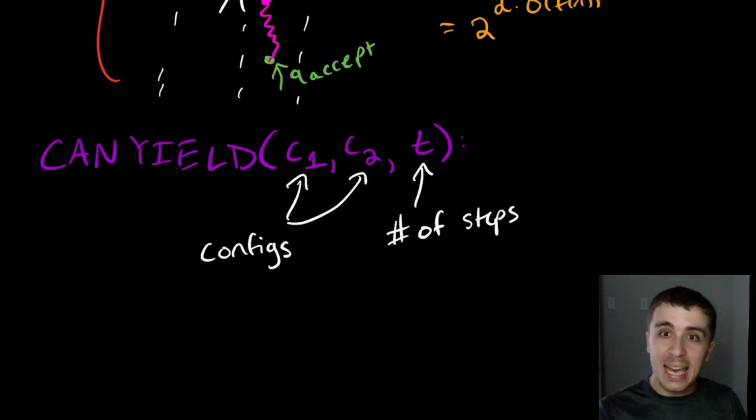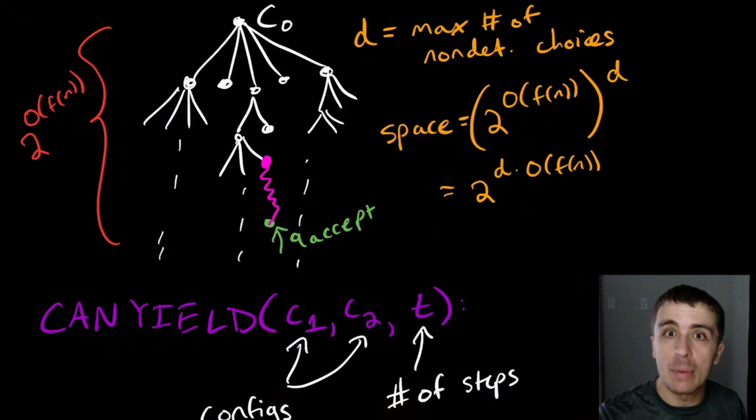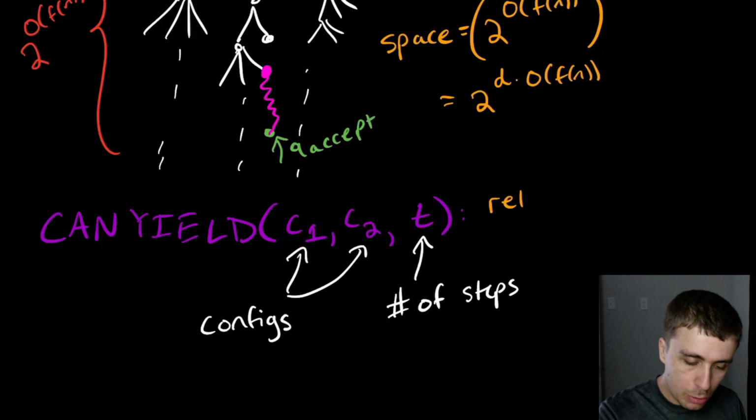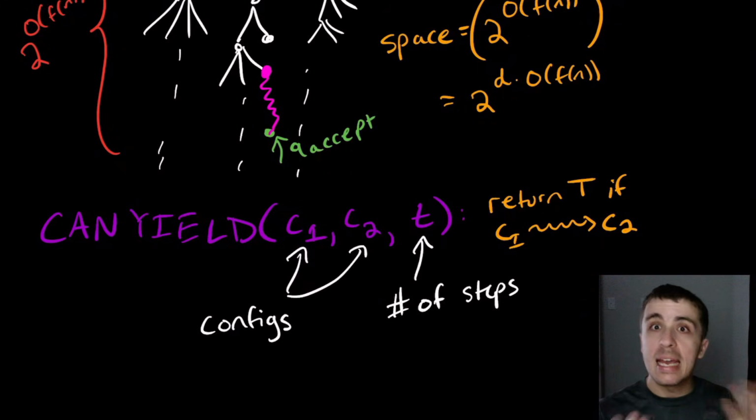So CANYIELD is going to return either true or false, based on the idea that we had earlier. What it means is: return true if C1 can yield C2 in T transitions.